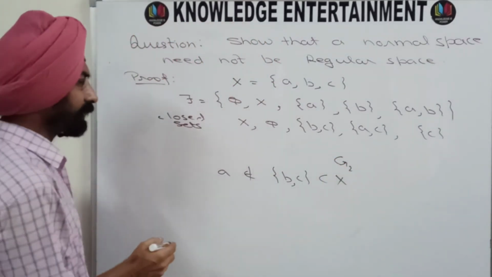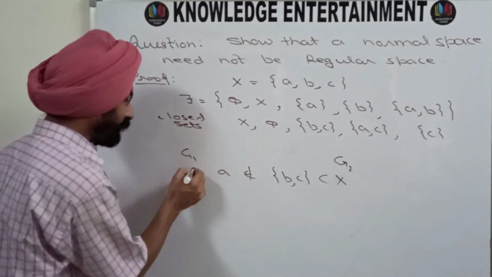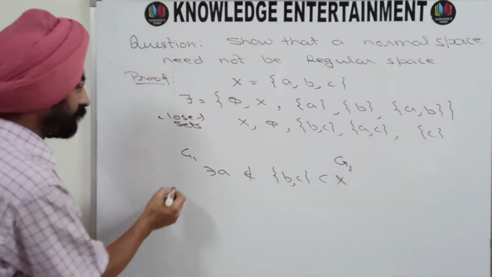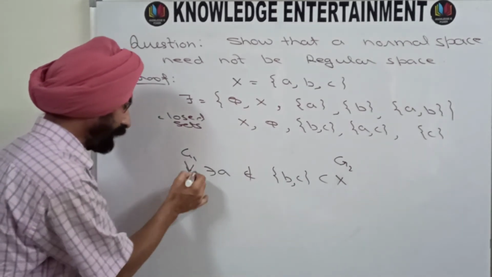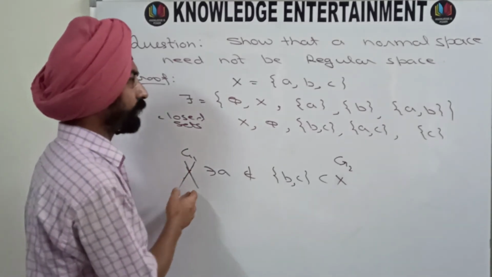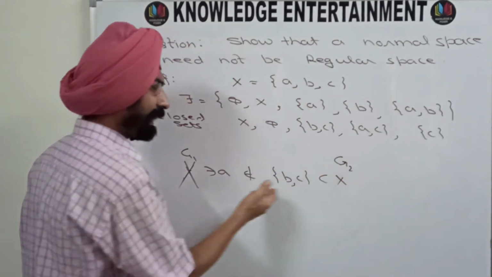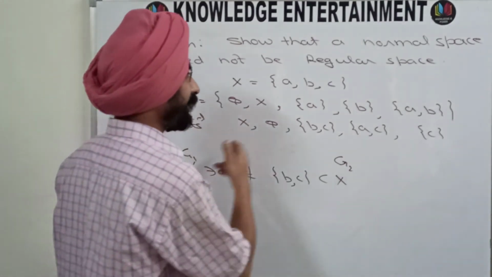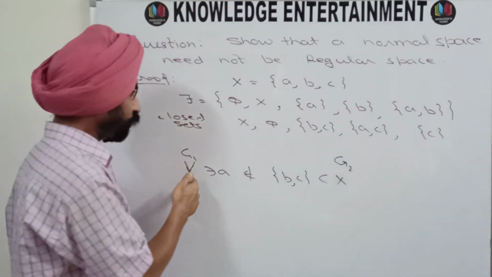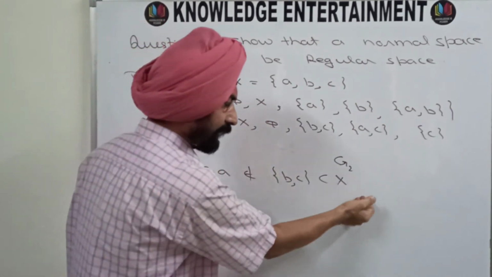But the question is, you want to have G1 that contains that A, but there is no possibility. Whatever set you take containing A, then A and X are not disjoint. If you take AB, then AB and X are not disjoint. If you take X, then X and X are not disjoint.